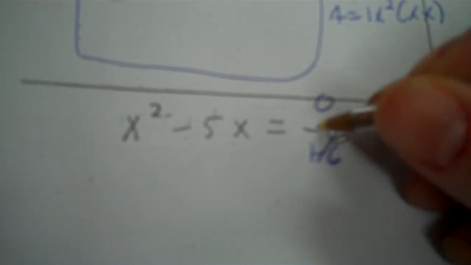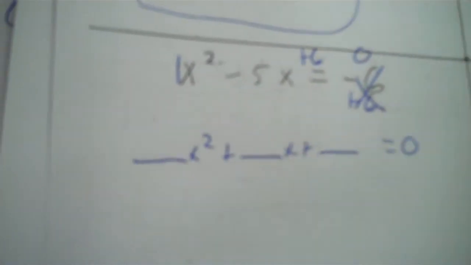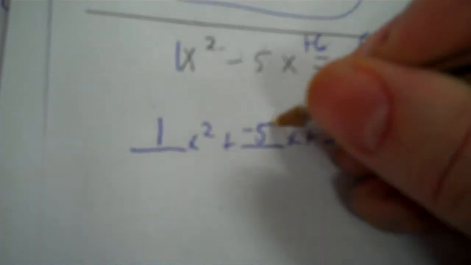We'll add the 6. Now 6 is a constant, so it can't be added to the 1x to the second. It can't be added to the negative 5x. It just hangs out. So then I put x second, then x, then my constant. So x second's 1, negative 5 is my x, and then 6 is my constant. Remember, a minus means it's a negative value when you put it in.